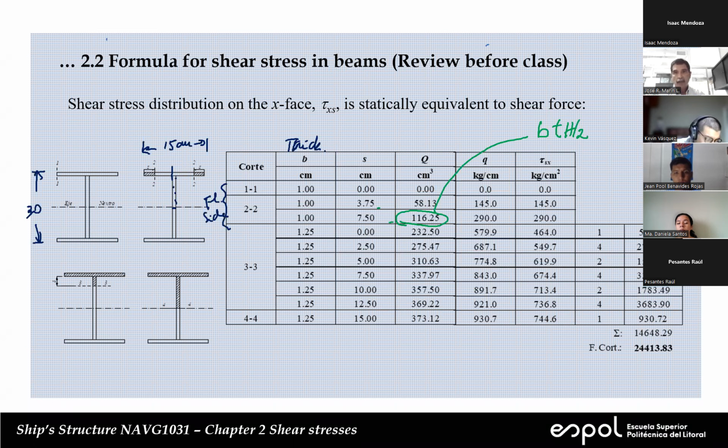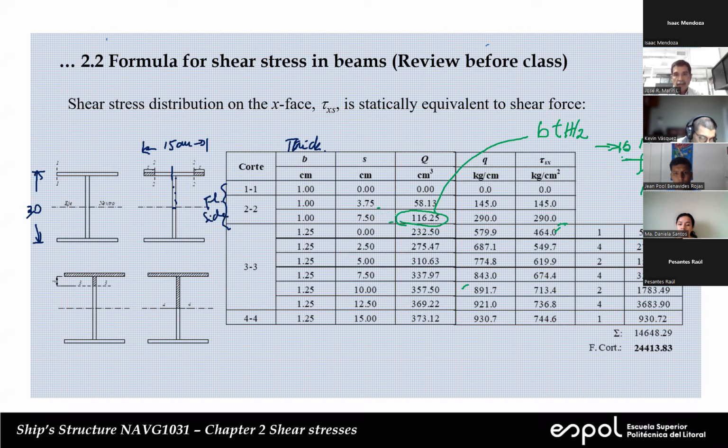Now, that's up to here. So we have B times the thickness, that's the area, and then H over 2.